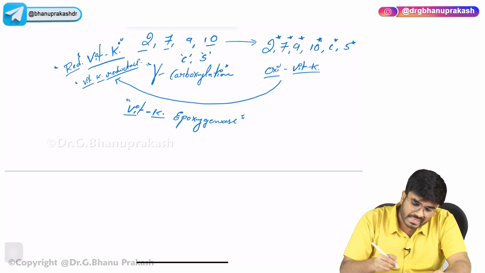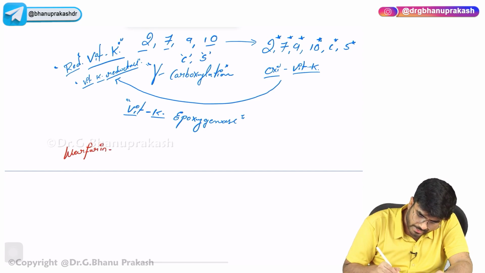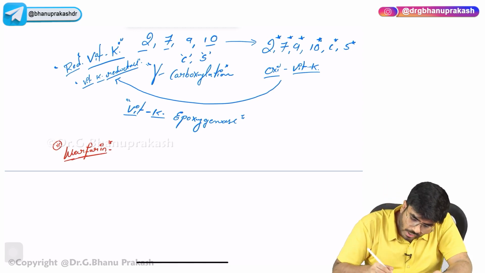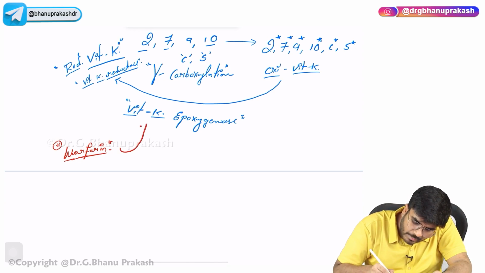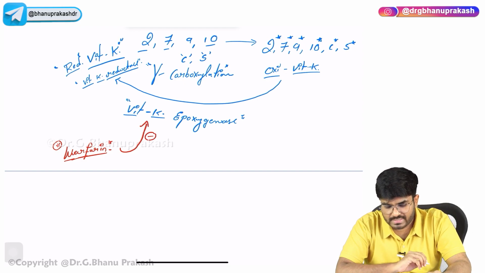Now there is a drug called warfarin. I hope you have already studied this drug. Warfarin is an anticoagulant, anti-clotting. What will warfarin do? Warfarin inhibits this enzyme, vitamin K epoxide reductase.